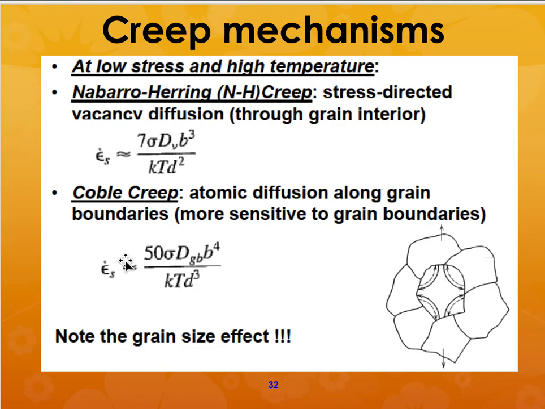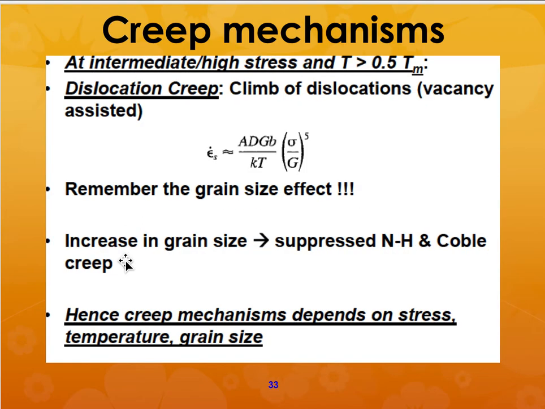That's one of the reasons why you try to increase the grain size, which will in turn reduce the steady state creep rate and increase the rupture time for your component. If you increase the grain size, you can suppress the Nabarro-Herring and Coble creep. So creep mechanisms depend on the stress, temperature, and grain size.